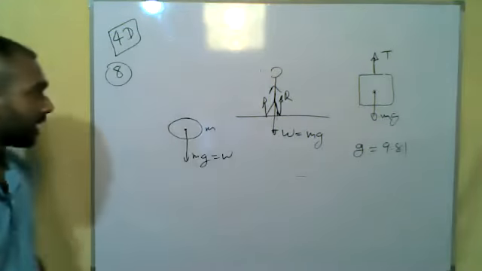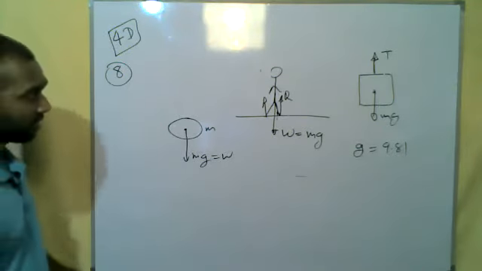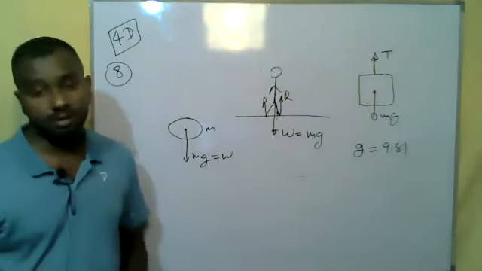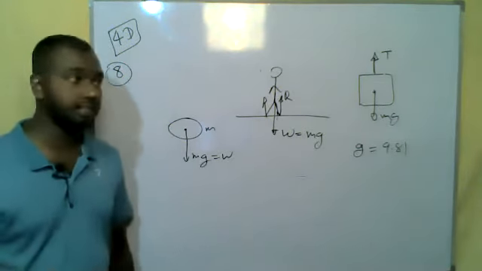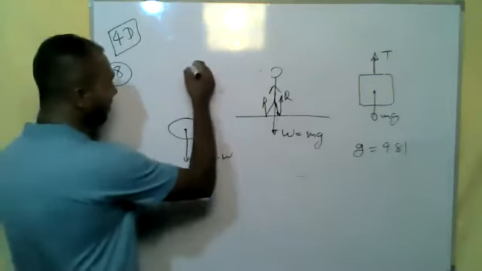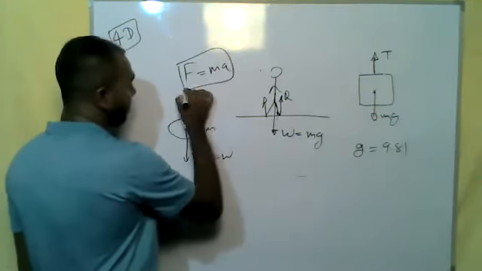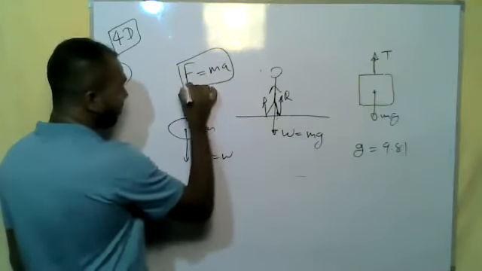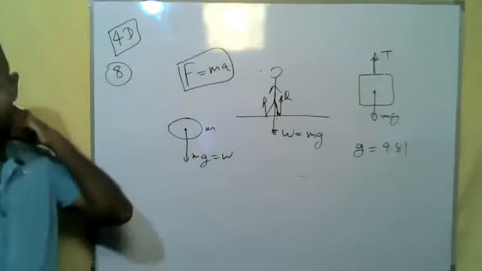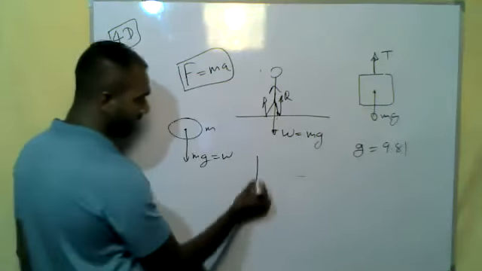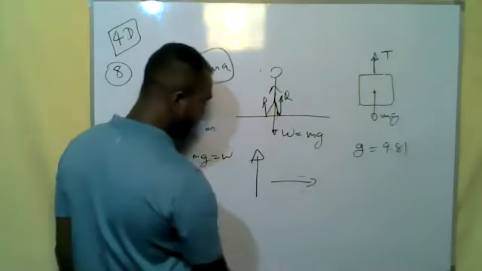Thereafter we discussed Newton's second law, from which we got the equation force equals mass times acceleration, and we learned to resolve the forces in the vertical and horizontal directions.